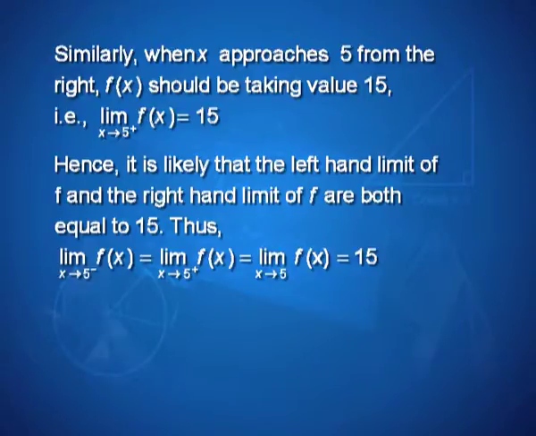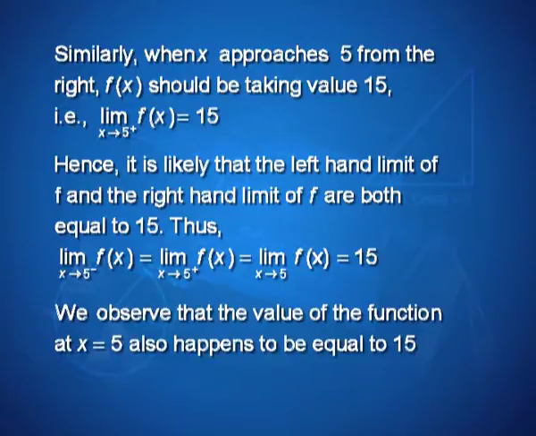Thus, limit of f of x when x tends to 5 minus is equal to limit of f of x as x tends to 5 plus is equal to limit f of x as x tends to 5 is equal to 15. We observe that the value of the function at x is equal to 5 also happens to be equal to 15.